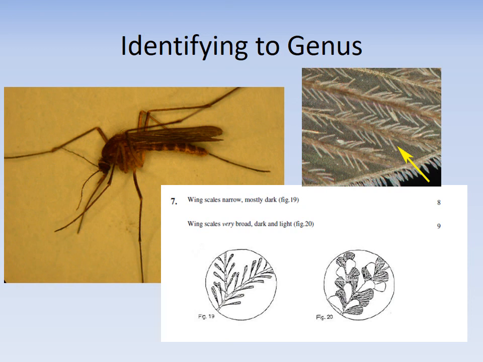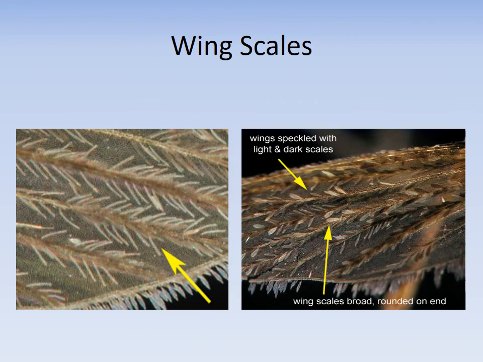But no, when you look at a Coquillettidia perturbans, you're going to see a much broader scale. And so you'll really know the differences between the broad and narrow. And here are pictures showing broad on the right and narrow on the left.